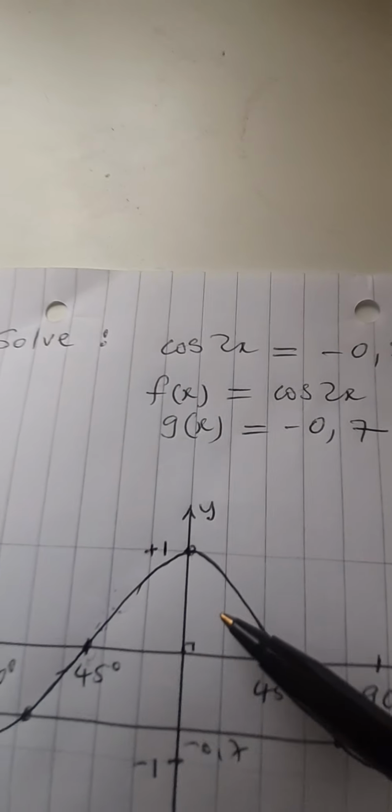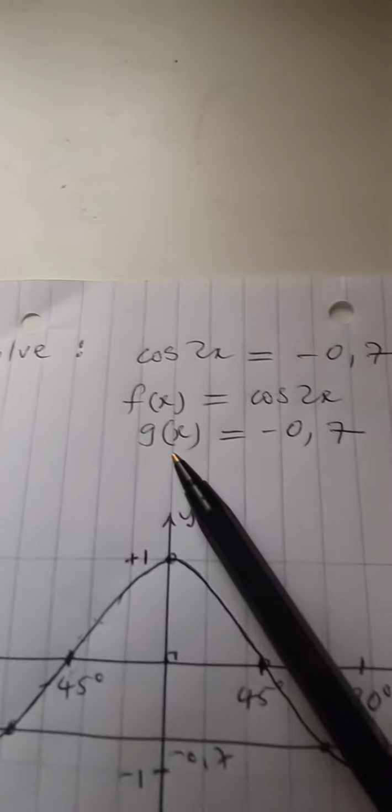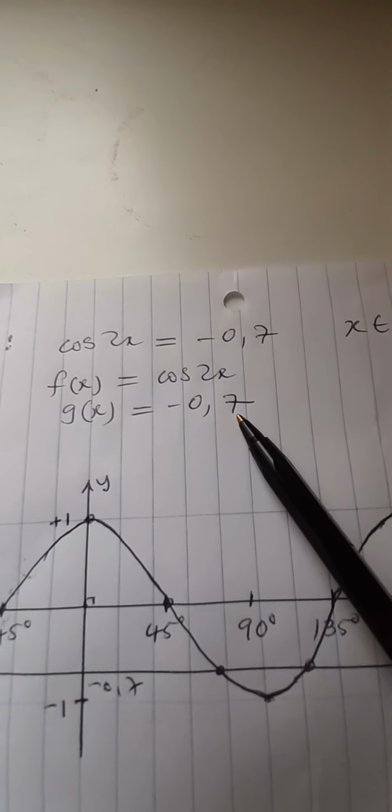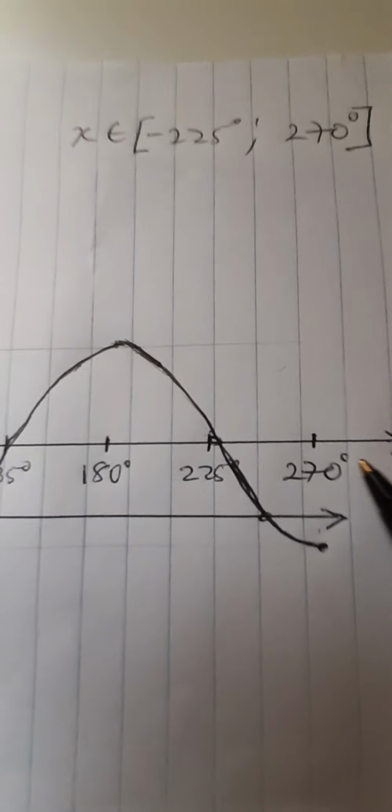To solve this using the graph, we're going to break this equation into two. f of x is equal to cos of 2x, and g of x is equal to negative 0,7. We sketch the graph of f from negative 225 degrees to 270 degrees.